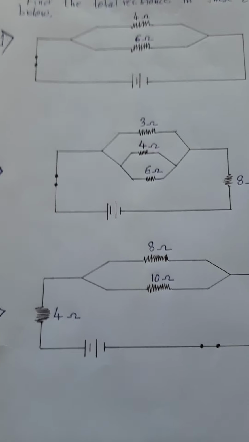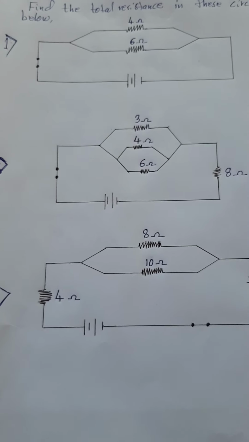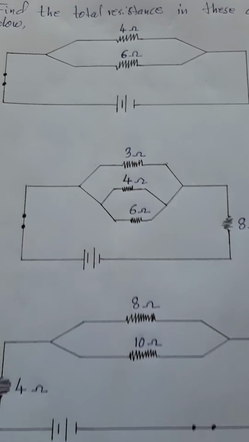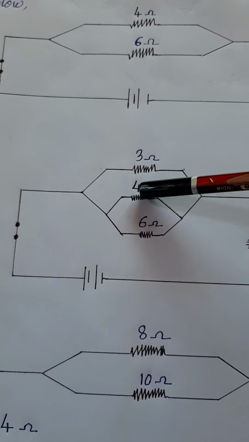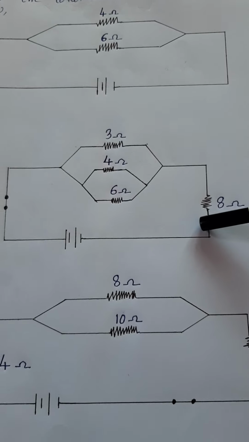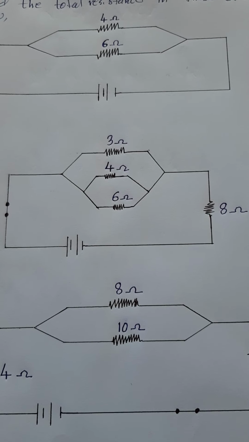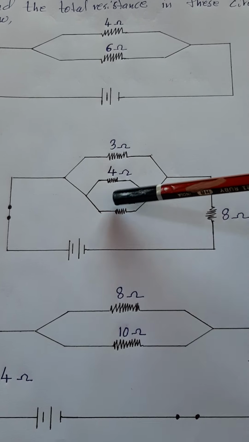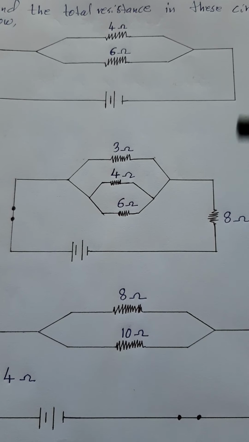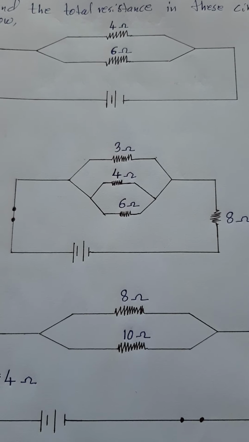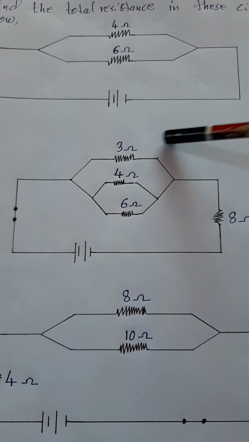Second question: as you see here, there are 1, 2, 3, 4 resistances.